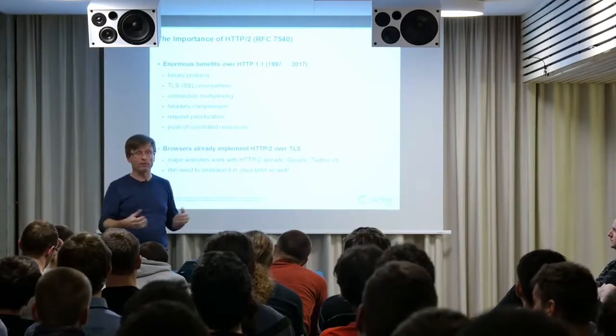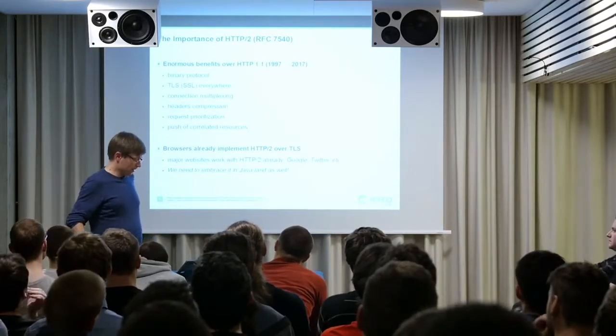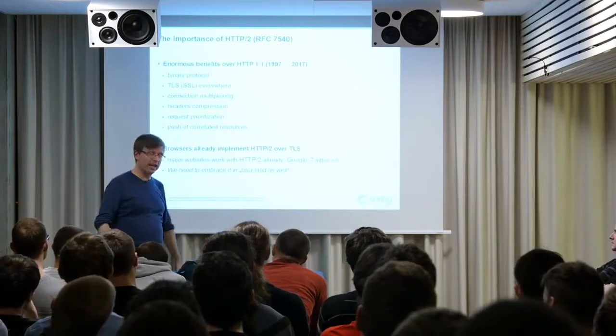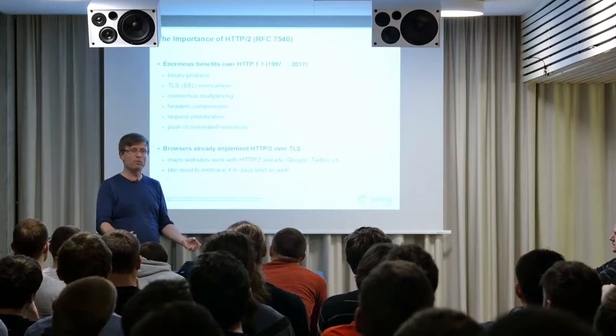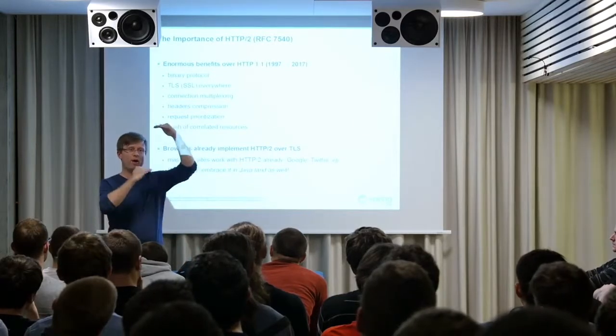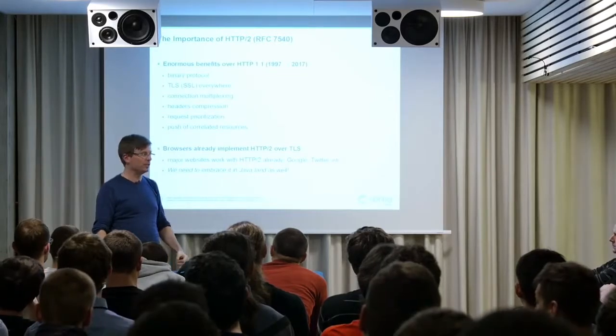HTTP 2 with all of its benefits, the binary representation at runtime, the connection multiplexing, and my favorite is actually headers compression, this sort of total nonsense that we do in HTTP 1.1 where we repeat the same headers for every single HTTP request that we're sending from the same client to the same server.